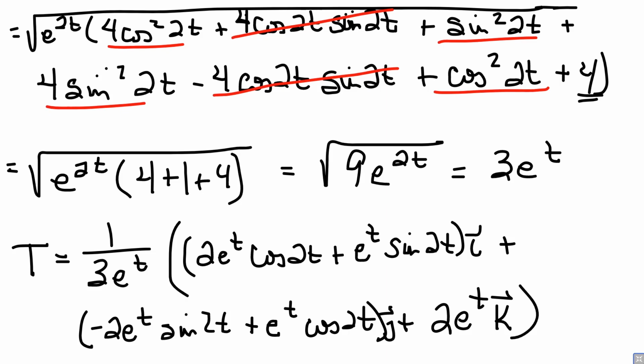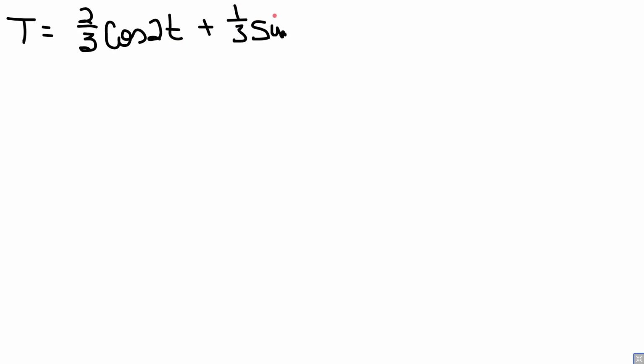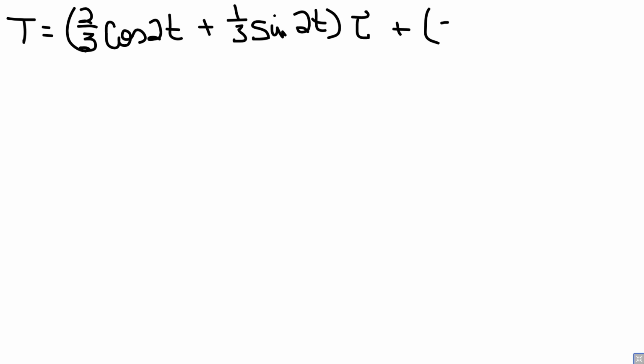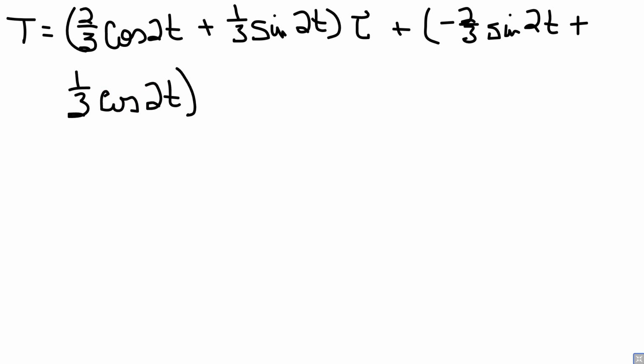Okay, so if I clean this up, we're going to have that T equals 2/3 cosine of 2t plus 1/3 sine of 2t in the i direction, plus a negative 2/3 sine 2t plus 1/3 cosine 2t in the j direction, plus 2/3 in the k direction.